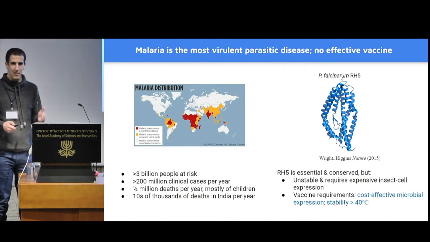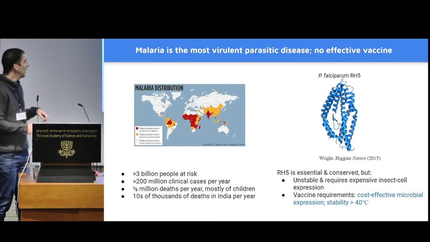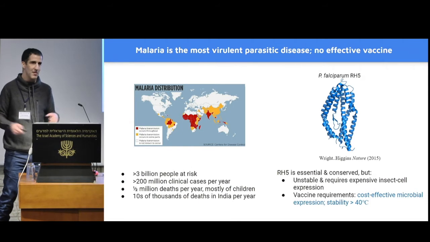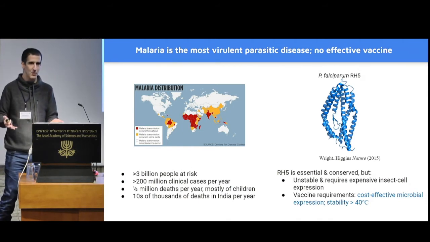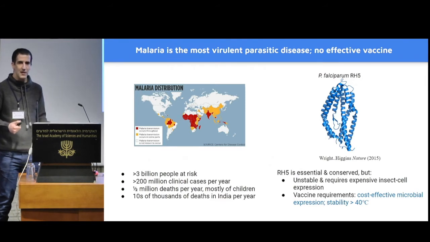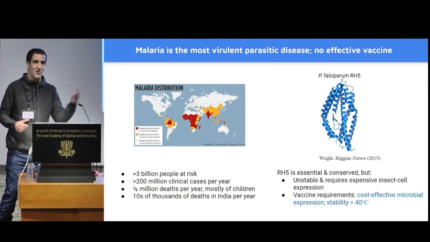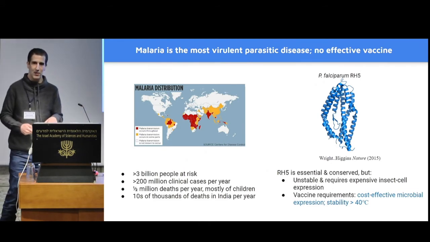And this is important because if this protein will ever reach clinical stage, as it is actually right now, it will have to be produced in hundreds of millions of doses and shipped to some of the poorest regions of the world where there is no electricity and therefore no refrigeration. So we need to identify a variant of this protein that could be expressed preferentially in microbial hosts to make it more economical and also much more stable.